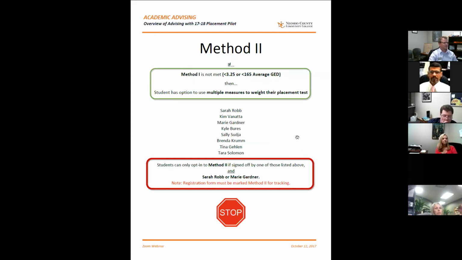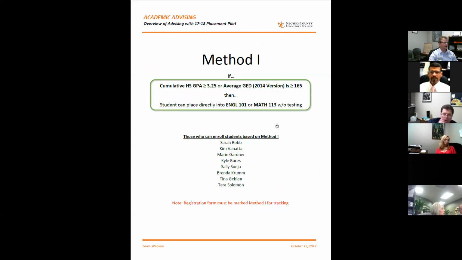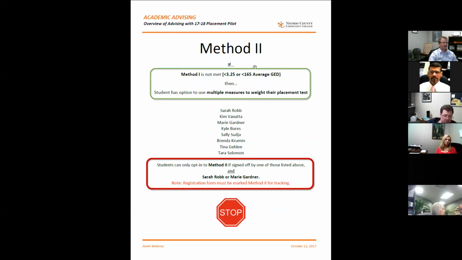All right, there's also method two. So again, if method one is not met, so a student having below a 3.25 or below a 165 average, or somebody coming in with that information that's outside of the 3-year window, could be evaluated under method two. So this means that they would still need a placement test. That placement test, if they opted in, could then be weighted on those multiple measures that we just saw.